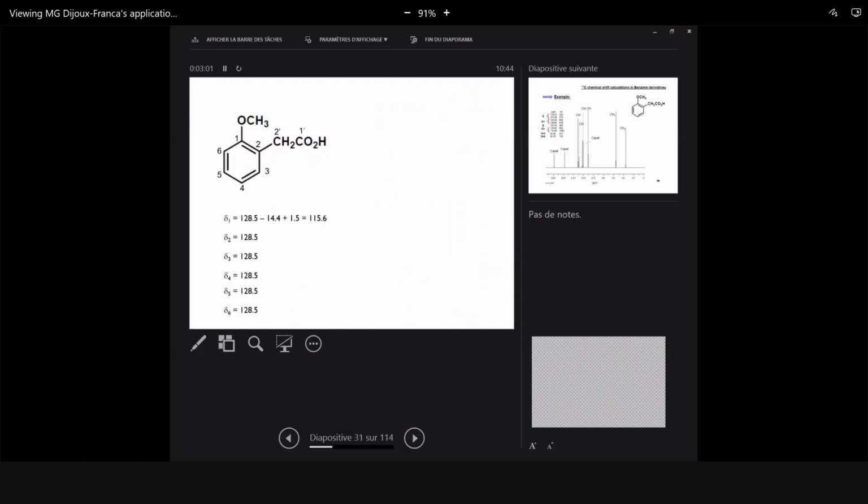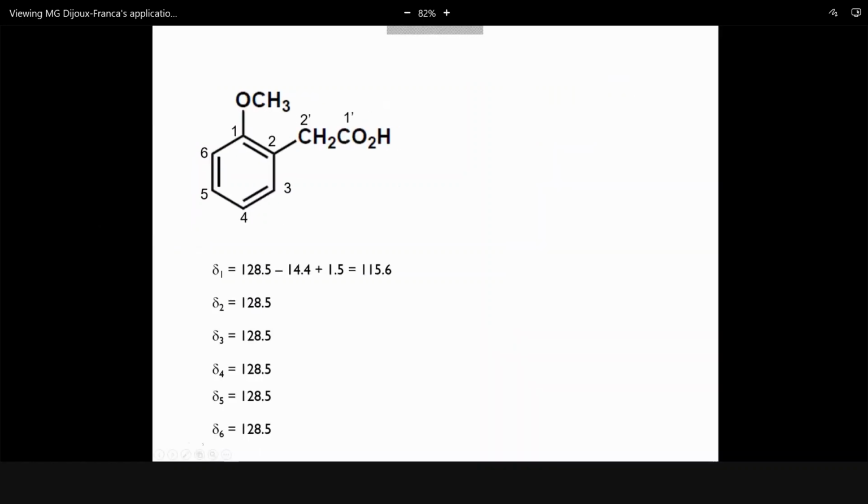So how to use it? For example, with this structure, we will do carbon 1 together, and then I will let you do the 5 other carbons. So we are calculating the chemical shift for carbon 1 here.